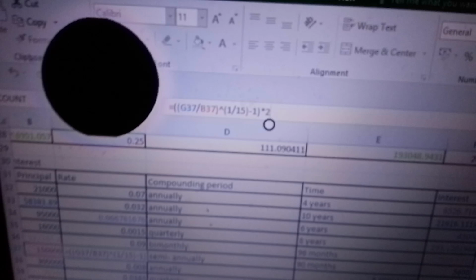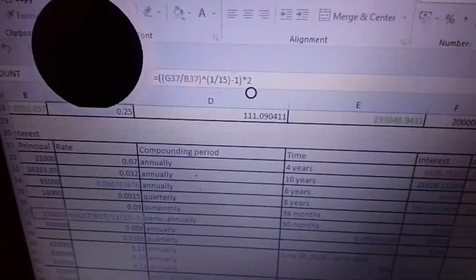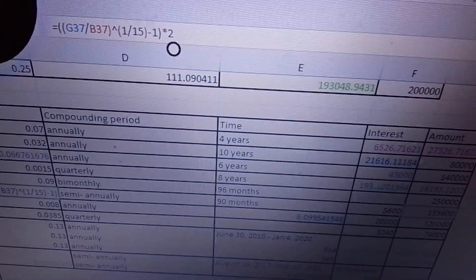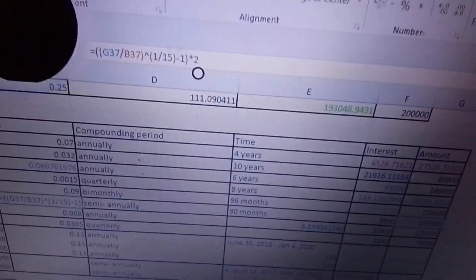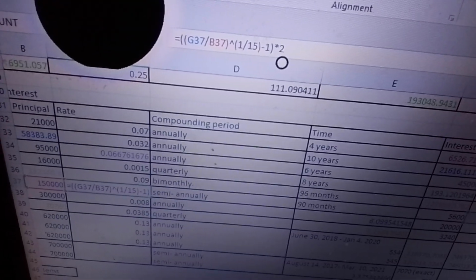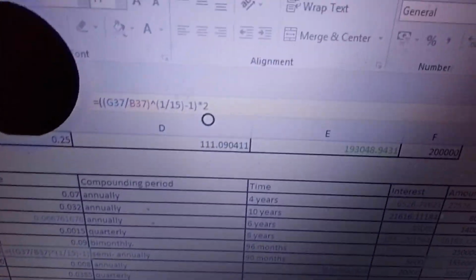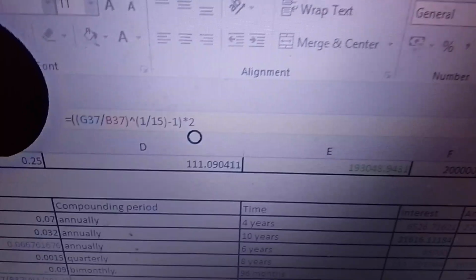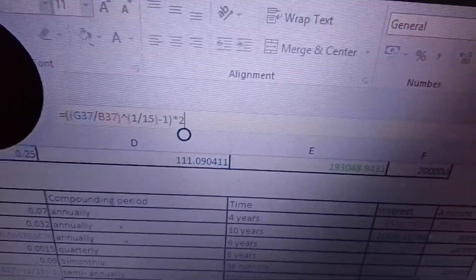Then you raise that to the 1/15 power because of 90 months, which is converted to 7.5 years, and the compounding period is semi-annually. Whatever answer I get, I then minus 1 because you're going to get the rate.